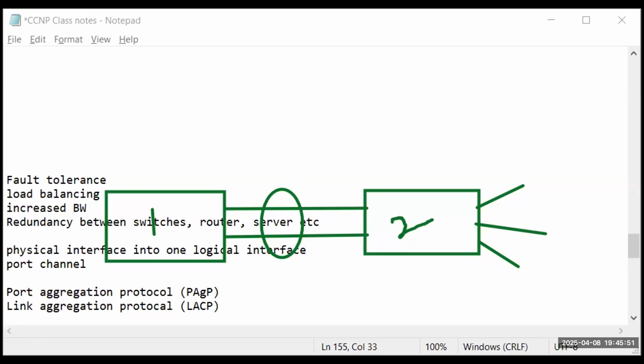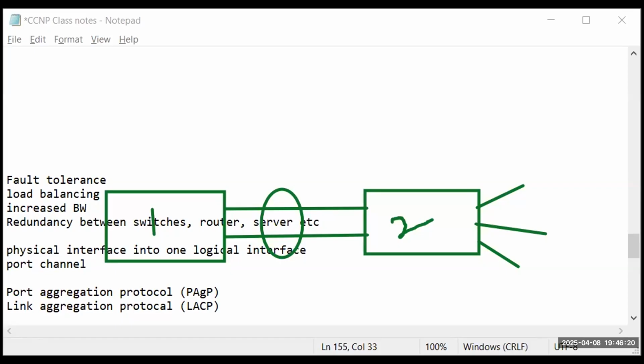It is very important that when we are going to aggregate ports, all the ports should be of the same speed, 100 Mbps or 1 Gbps, and the same duplex settings, half duplex or full duplex, on both ends and on all the ports. One port should not be half duplex and another port full duplex.